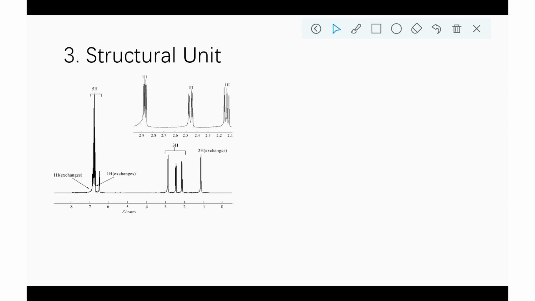So the most useful tool you can use when finding out a structural unit is HNMR spectroscopy. So let's take a look at this graph. At about 1.1 ppm, there's 2 hydrogen, and it looks like a single peak. And they're active hydrogen, so it's going to be an amine group.